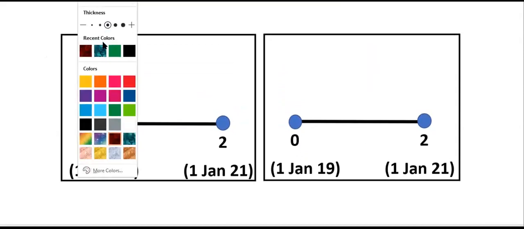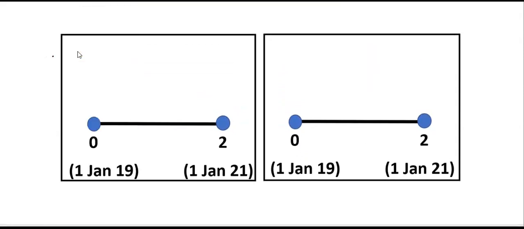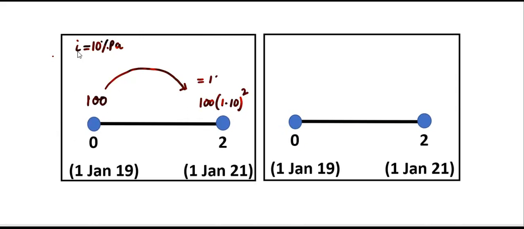If you deposit 100 on 1 January 2019 and you are expecting to get some amount, you need to know the interest rate i. Suppose i is 10% per annum. Then you can expect to get 121 after 2 years.